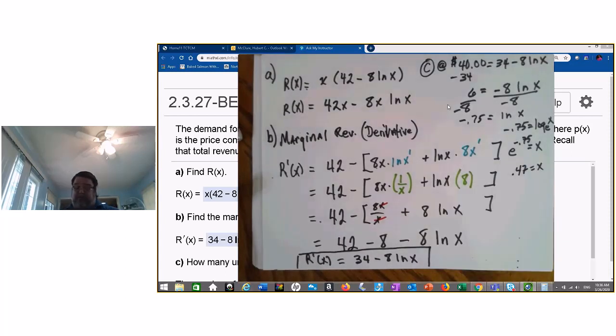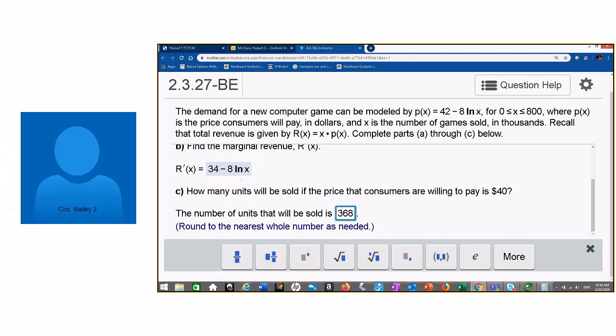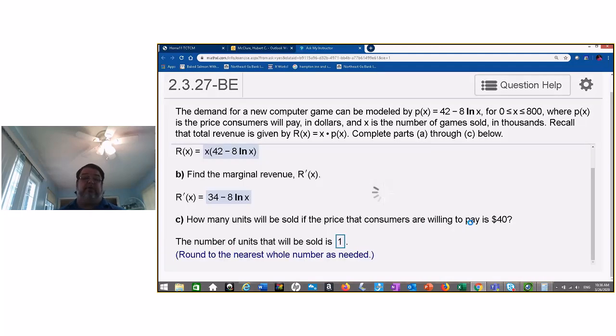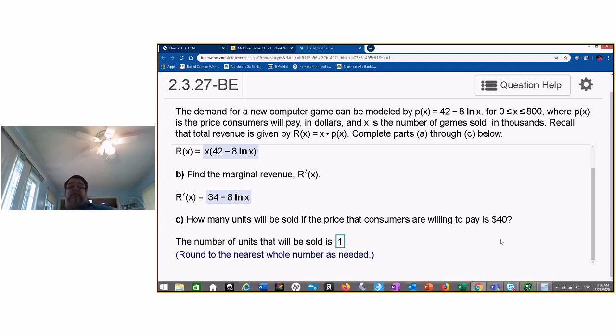Let's see what the answer is because I haven't done it. Yeah, I don't think that's right because that ain't even 1. I think we've done something wrong. Let's see what they get.